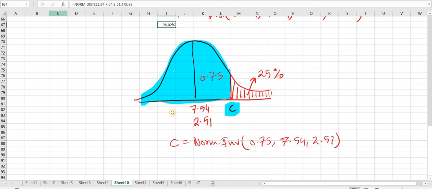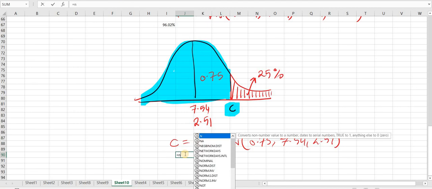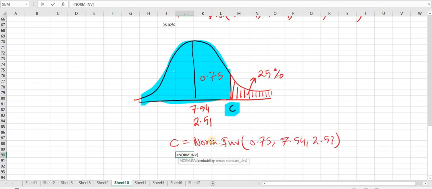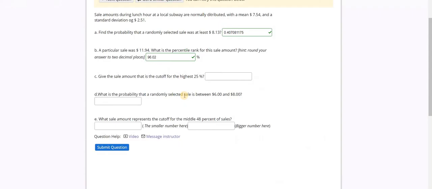So I'm going to compute it right here, equals norm inverse of 0.75, comma, 7.54, comma, 2.51. And that is the cutoff. So the lowest price, or the lowest amount of sale in the top 25%, is this number, $9.23, approximately. So I'm going to put it right there.